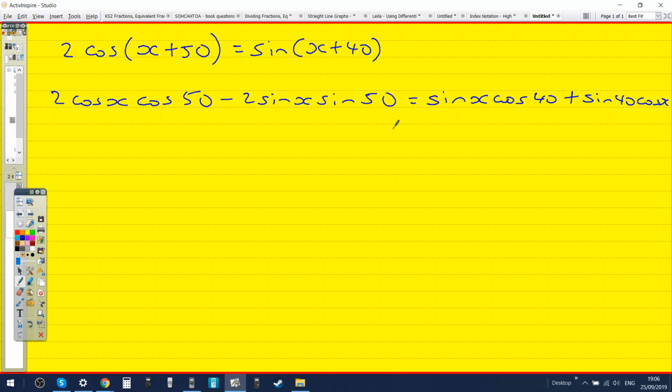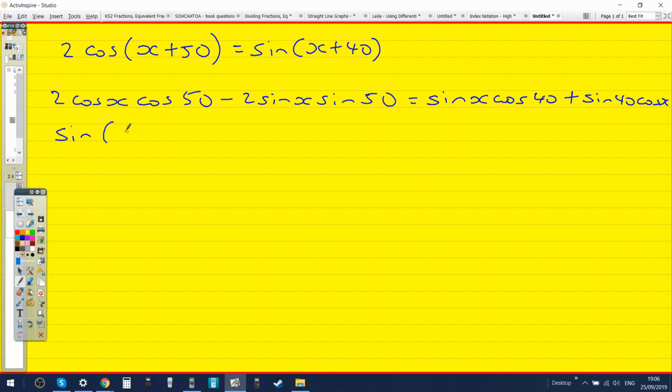Yep. Put into your calculator sin 1. 0.175. Put into your calculator cos 89. The same thing. Yes. What are they called? Complementary angles.